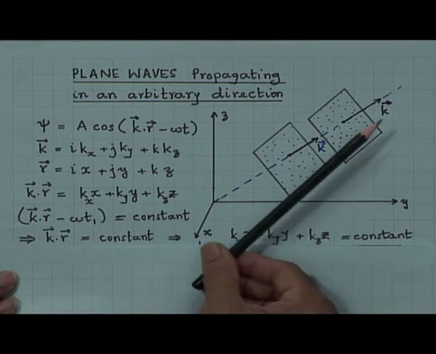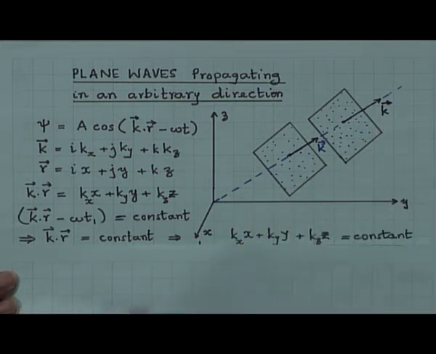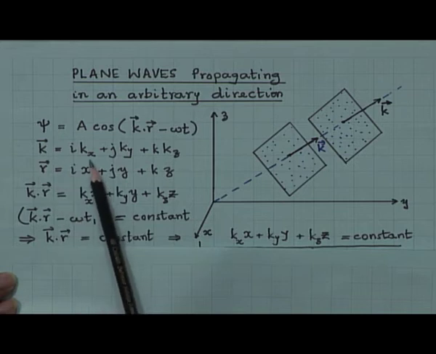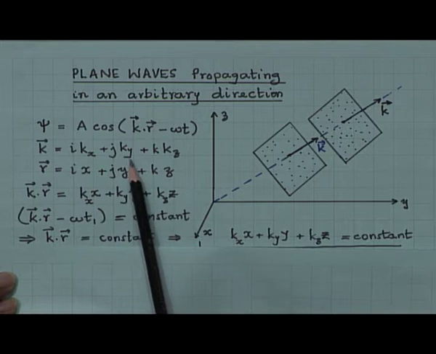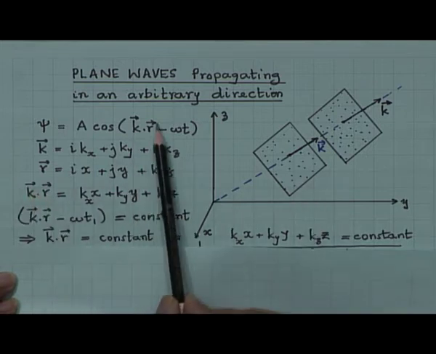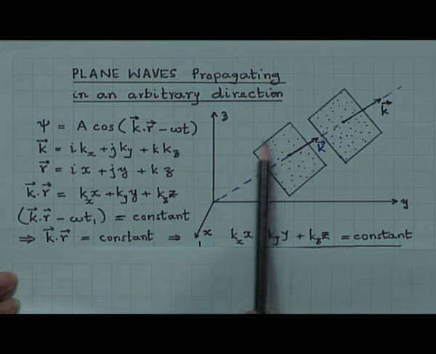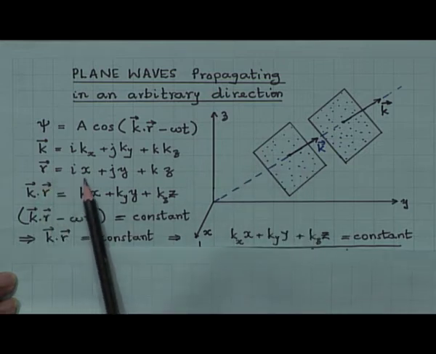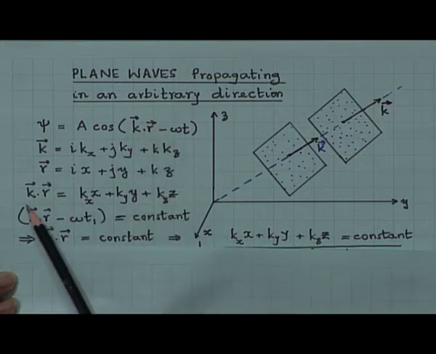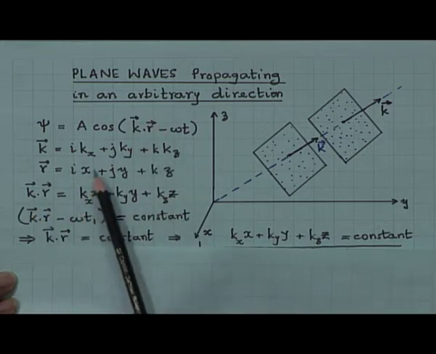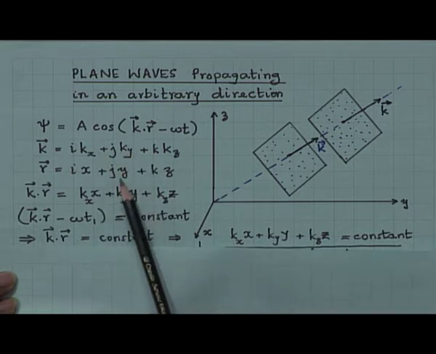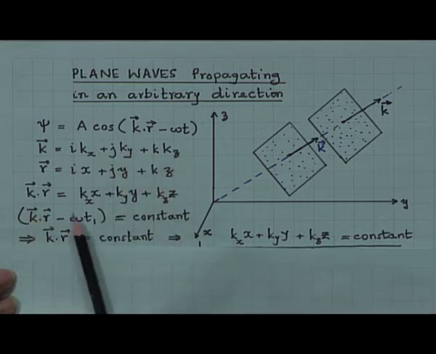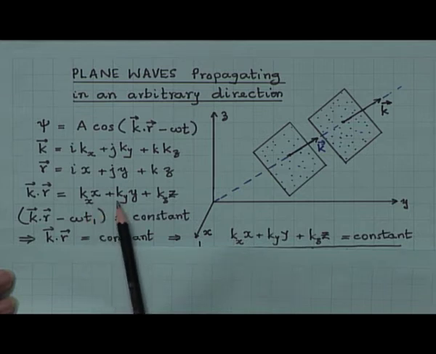Now, k is propagating in an arbitrary direction, which means it will have 3 components. k is a vector with the 3 components k x, k y, k z, and r is the position vector, which is given by i x plus j y plus k z. k dot r, therefore, is equal to k x x plus k y y plus k z z.